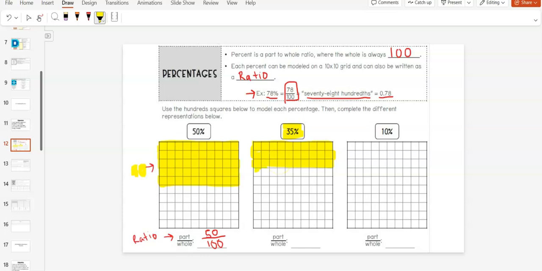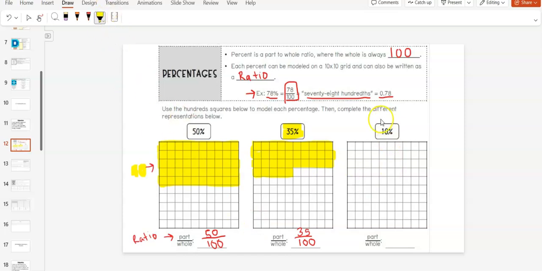And then I'm going to shade in 5 individual squares. 1, 2, 3, 4, 5. So that is representing 35%. Then if I'm going to write here, our part to whole, we had 35 shaded in out of 100 total.